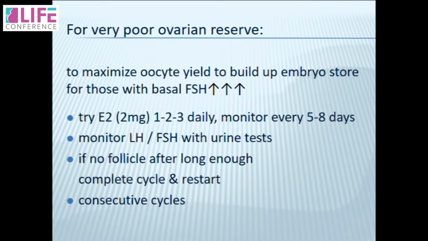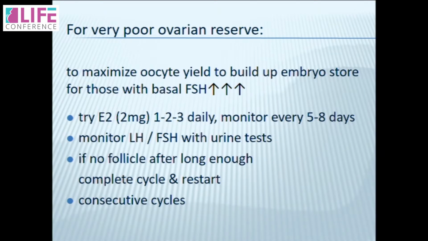And then for the very poor ovarian reserve patients, if one still wishes to do something about them to maximize oocyte yield, to build up embryo store for those with basal FSH increased to 30 units or more, one may actually try give them some estrogen, 2 milligrams each, from 1 tablet to 2 tablets to 3 tablets daily. Usually I would give them 1 tablet and monitor them every 5 to 8 days.